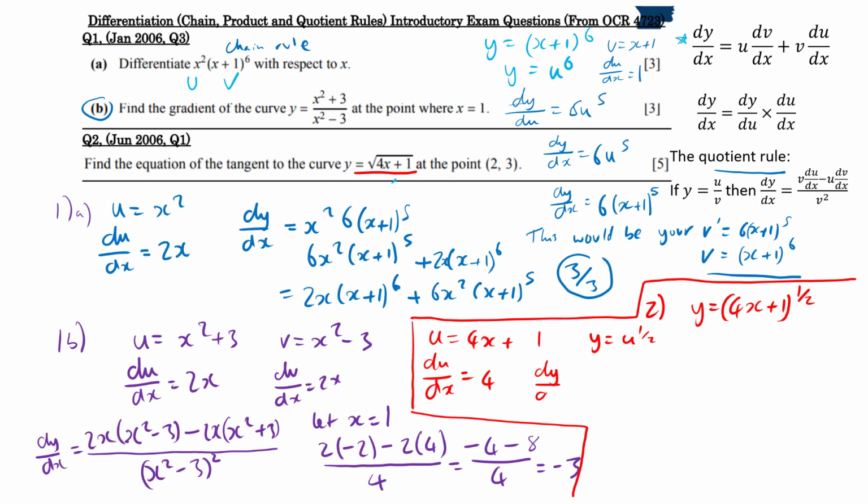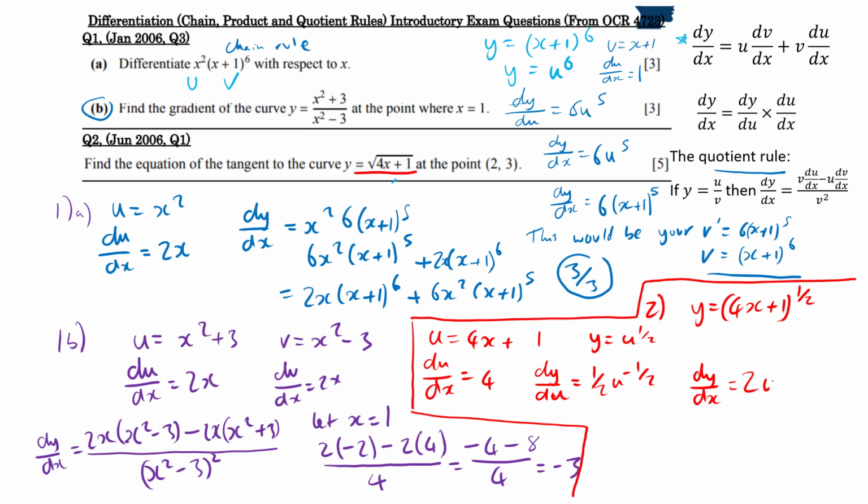dy du equals a half u to the minus a half. And we multiply them together. So dy dx equals, you can jump a step and substitute u in straight away, or as long as you get this bit right, 4 times a half is 2.